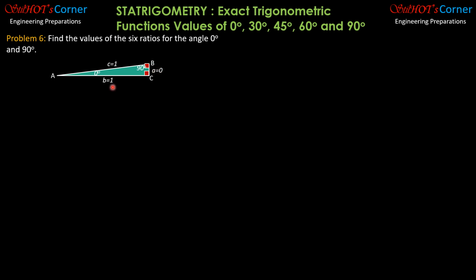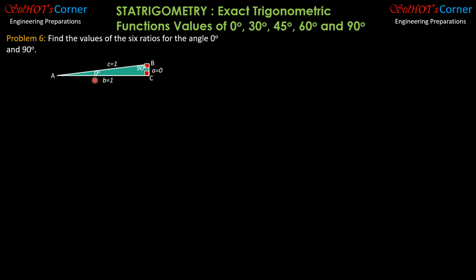And by Pythagoras theorem, the hypotenuse should be square root of 0 square plus 1 square. So that's why we also have 1 here. Of course, opposite to 0, because the sum of the interior angles of a triangle is 180 degrees, each of these angles should be 90 degrees. In particular, I'll just call angle B here as 90 degrees.